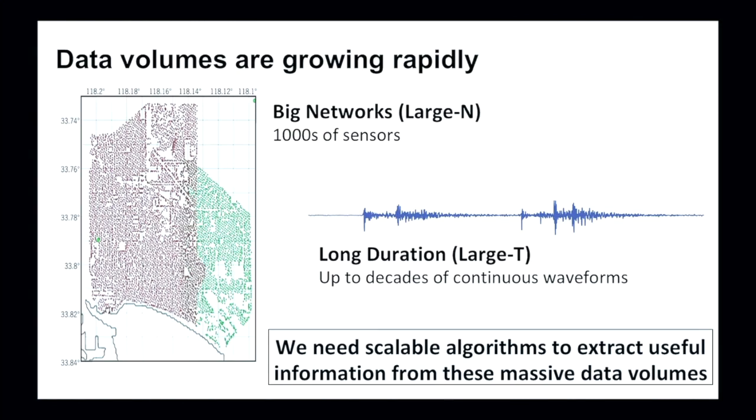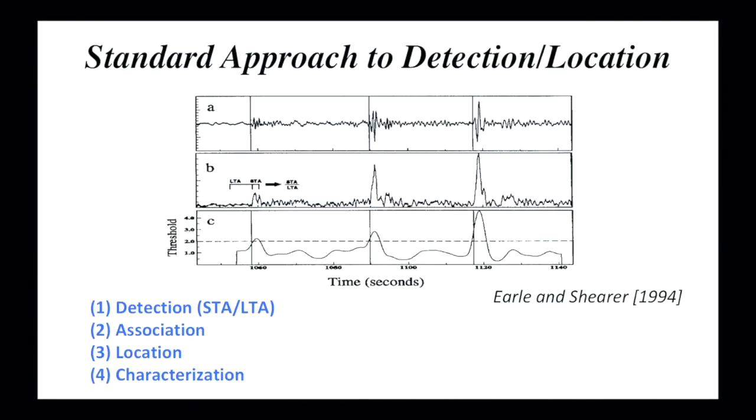So we absolutely need algorithms that can help us extract all the information we can get out of these massive, for us, data volumes. I'm going to give you a little background on where seismology has been recently, and then try to suggest where I think it's going.